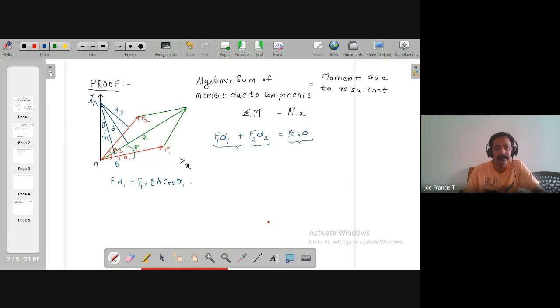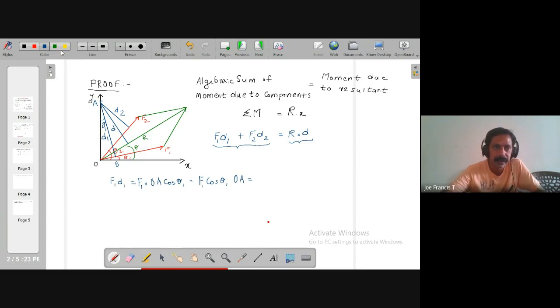If you just rearrange this, you find it F1 cos θ1 into OA. But what is F1 cos θ1? You are resolving the force F1 along x direction. So that is F1 cos θ1.